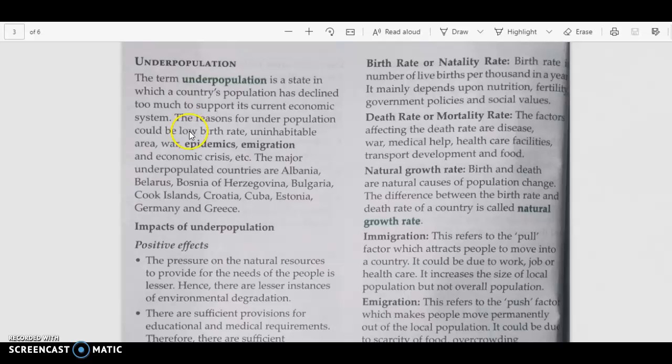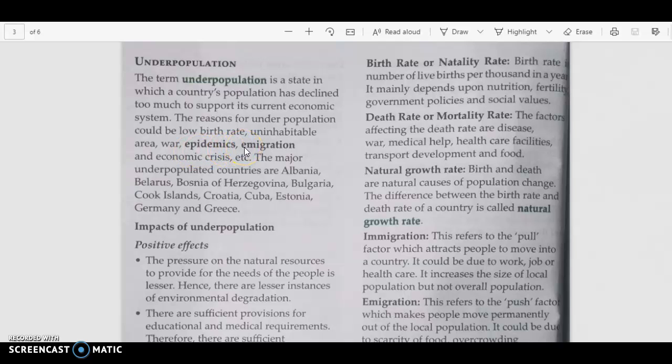The reasons for underpopulation can be lower birth rate, uninhabitable areas like places which are very cold, dry deserts, or places which are suffering from war, places that have an epidemic, that means a particular kind of disease that spreads in a particular place, or immigration, a lot of immigration happens.